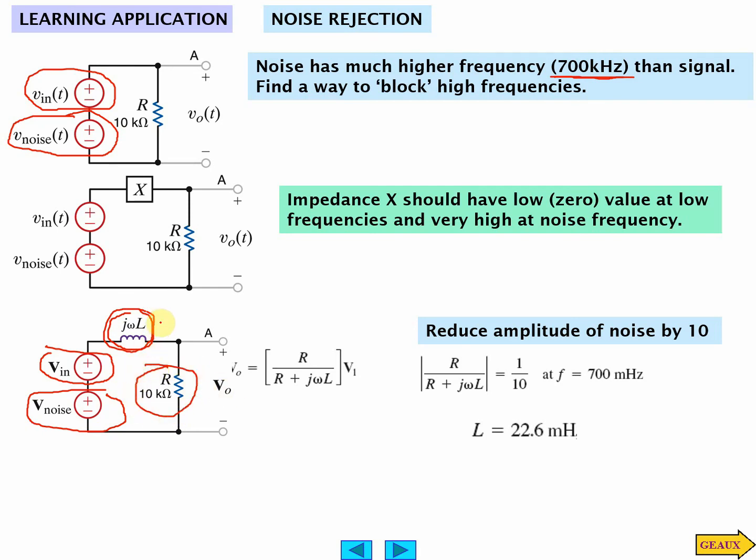The impedance J omega L has to be 90 kilo ohms. Oh, I'm sorry, you got to use complex numbers. In DC, that would be true. In AC, not quite so much. A voltage divider, but a voltage divider that looks like this. So we want this to be 1/10 at this frequency.